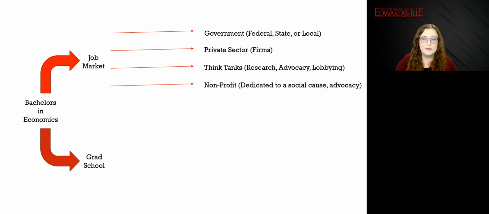Also, every private sector firm, especially the larger ones, tend to always have an economist on staff or an entire team of economists. Think tanks are people who do research, advocacy, and lobbying around some sort of topic. So that's something that they're very passionate about, that they have a think tank dedicated to producing research on that topic. And then we also have nonprofits. These are typically ones devoted to a social cause or some sort of advocacy. They don't pay as well, but their impact is really trying to make the world a better place.